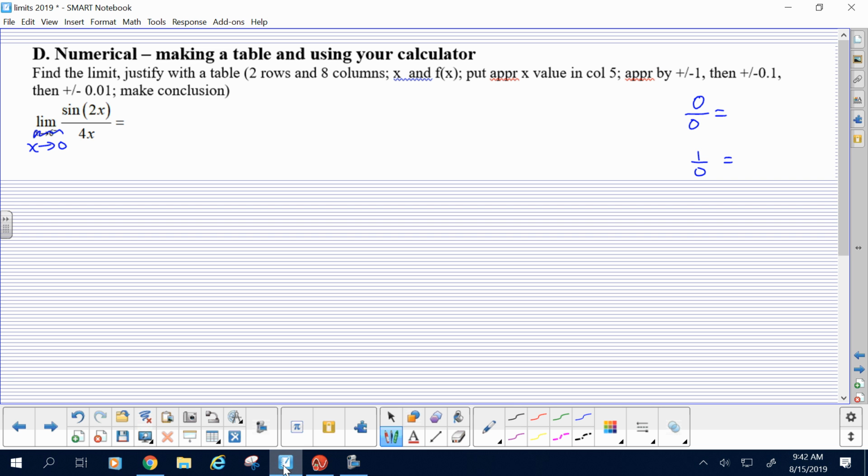This does not exist, or is undefined. The other one exists, we just don't know what it is. Graphically speaking, what are you looking at when you have a 0 over 0? What's happening at that point? If you get 0 over 0, what's happening at that point? This, for example.